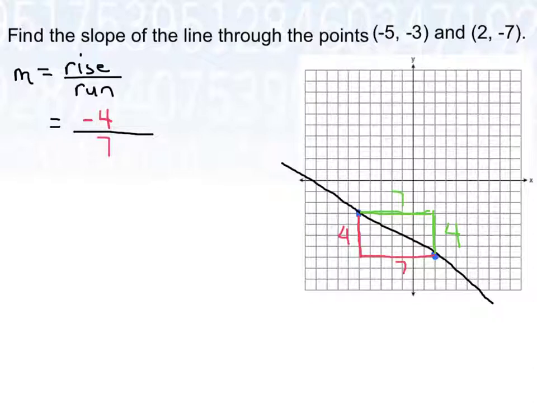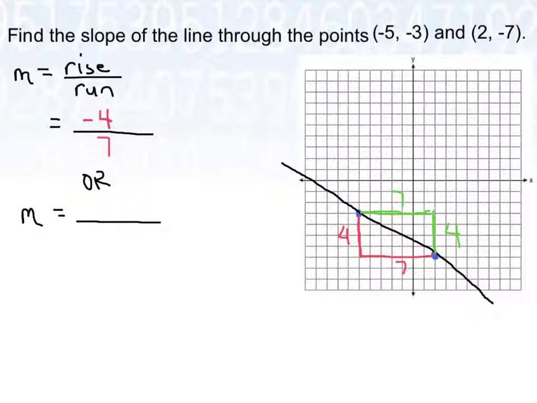But what's slightly different is the direction we moved. Starting at (2, -7), we went up 4. If we were writing our slope, again, slope is rise over run. We'll use m to designate slope.